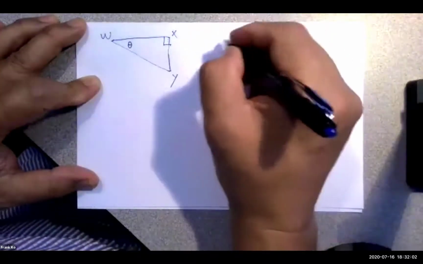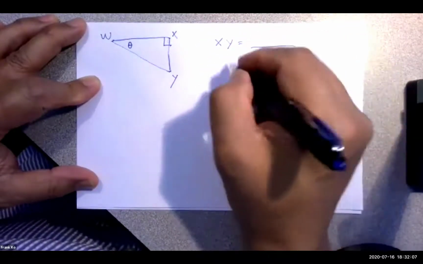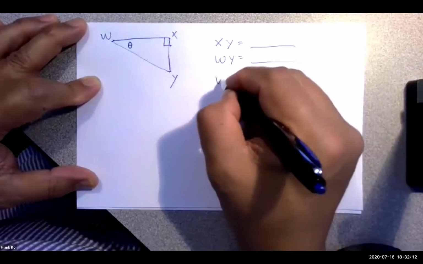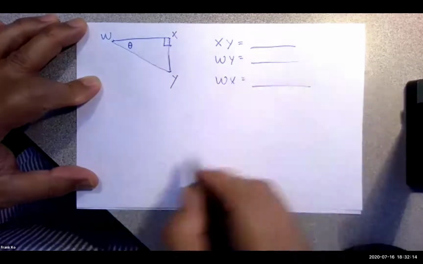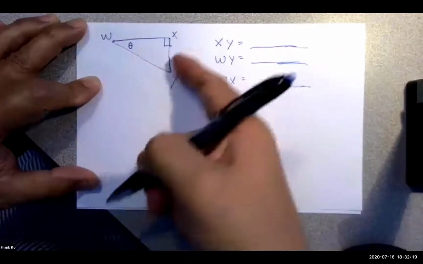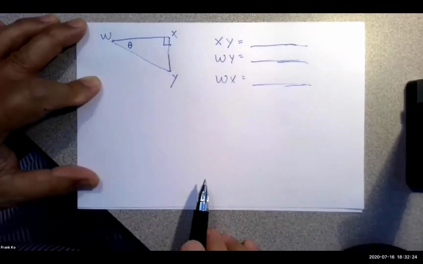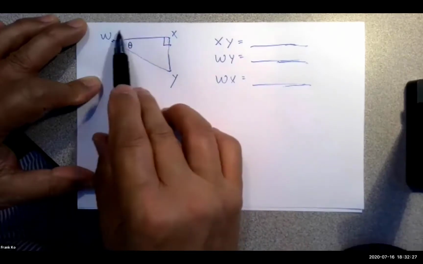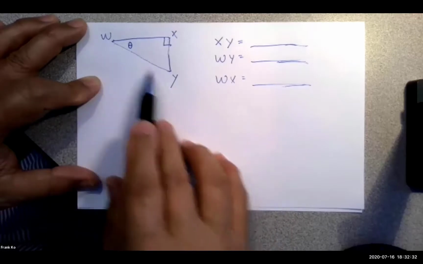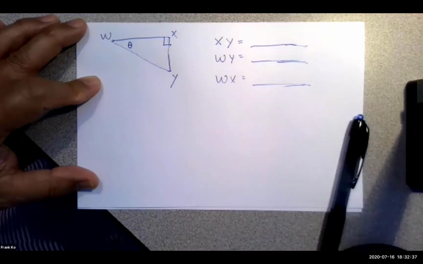So my sides will be: there's an XY side, there's going to be a WY side, and there's going to be a WX side. Can you name each of these sides based on the right triangle, based on where I've designated theta? Can you name what WX is going to be, what XY is going to be, what YW is going to be? So think about that for a moment, and I'm going to be calling your names.